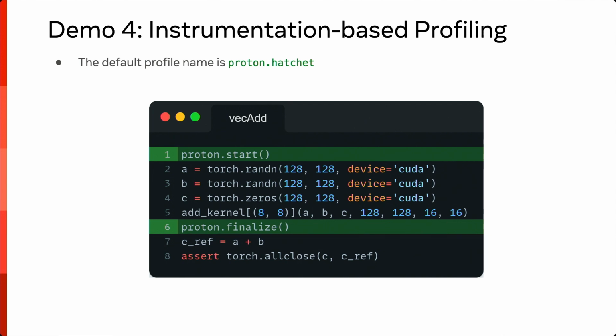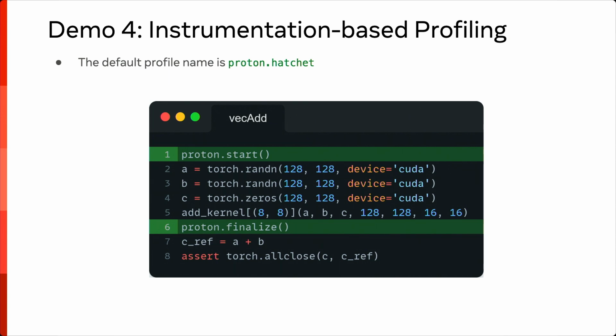In this case, we want to profile both initialization and the Triton kernel. Initialization will be done using PyTorch APIs torch.rand and torch.zeros. After that, we have three tensors, A, B, and C. Then we're going to invoke the Triton kernel add kernel we defined before to operate on these PyTorch tensors.